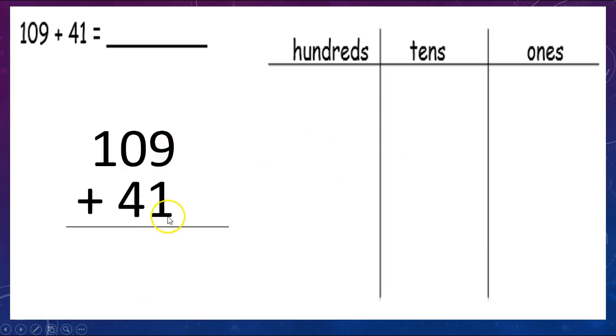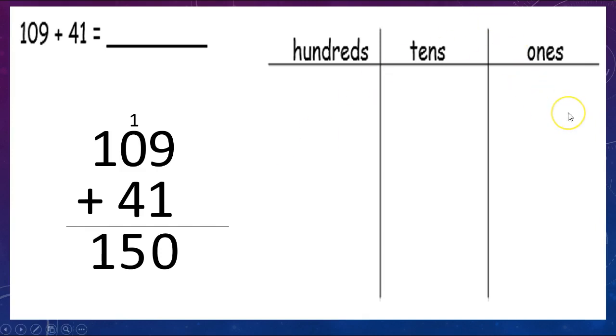I lined up my ones place and my tens place. What is 9 plus 1? 10. Let's put the 0 in the ones place and bring up the 1 in the tens. What is 4 plus 0? Plus 1 more. Very good. And we need to bring down the 1.